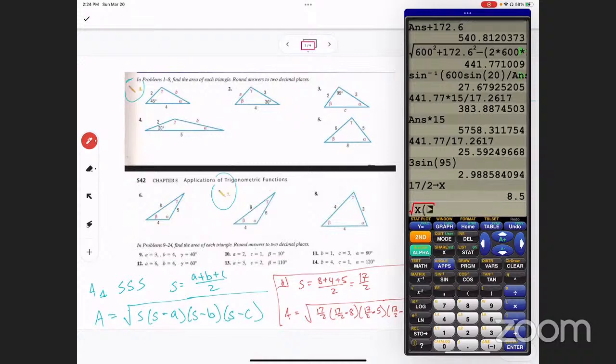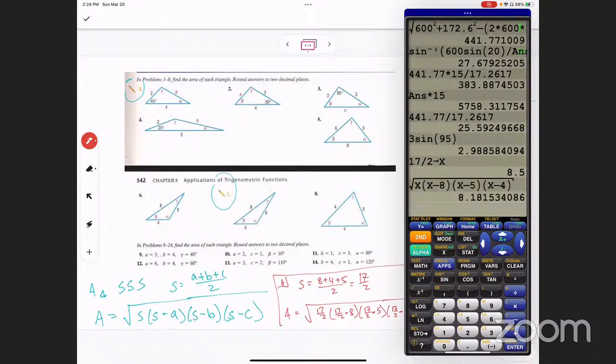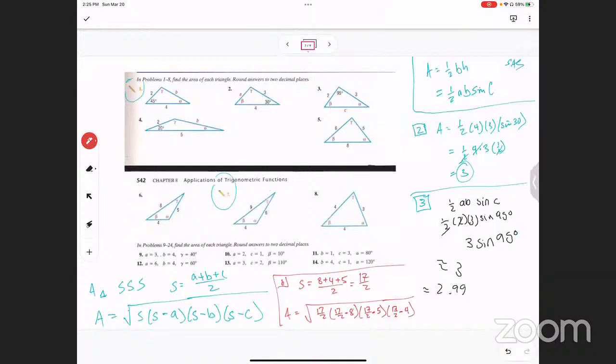So x times (x minus 8) times (x minus 5) times (x minus 4). And there's your area, 8.18, and it would be whatever centimeters squared or units squared, whatever the units happen to be.